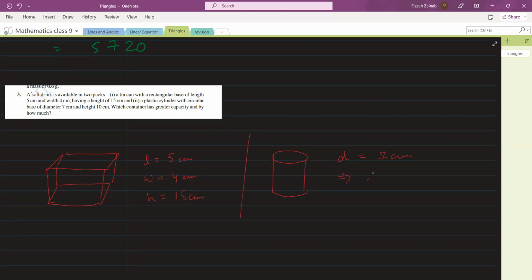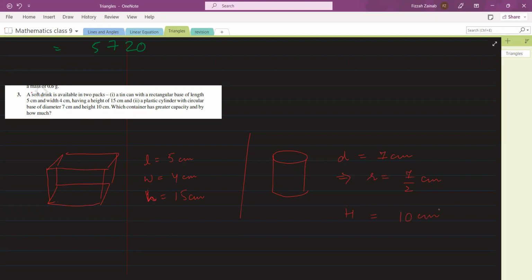So diameter is equal to 7 centimeter. So that implies the radius is 7 divided by 2 centimeter. And height, so you can call this capital H, right? Because this is a small h we are denoting. Give it some other notation, make it capital H. Or H1, H2 you can write, no issue. Now this height is 10 centimeter.